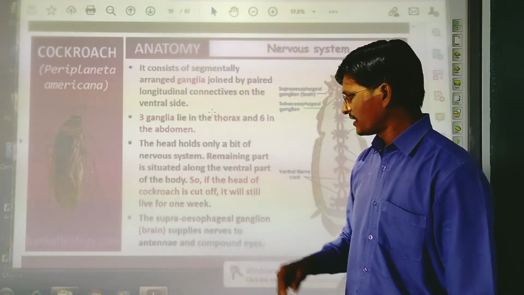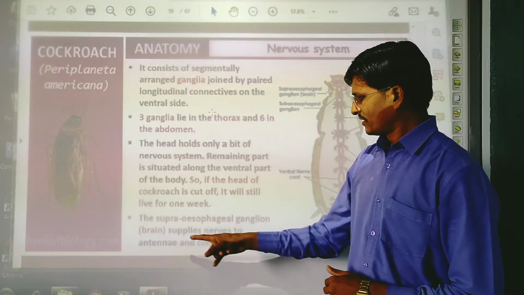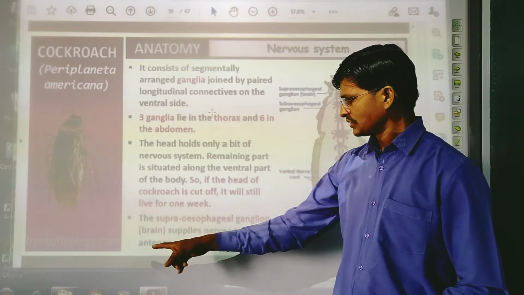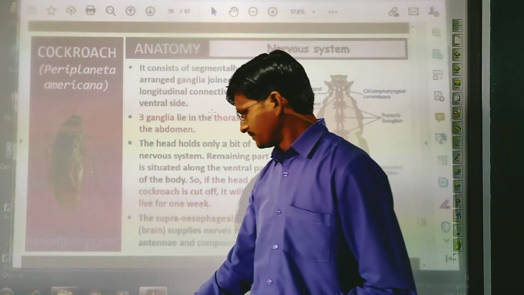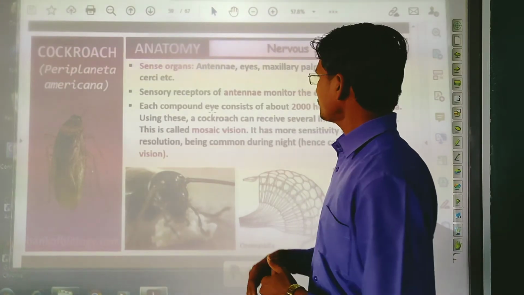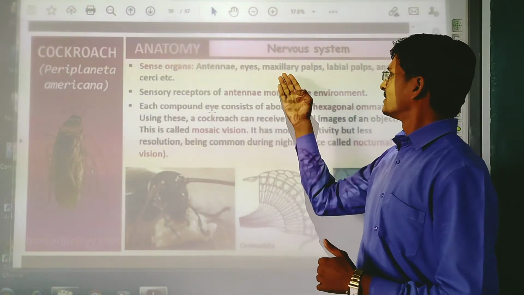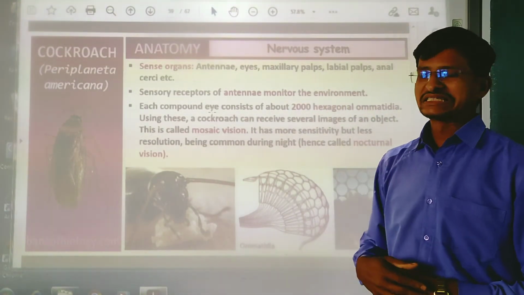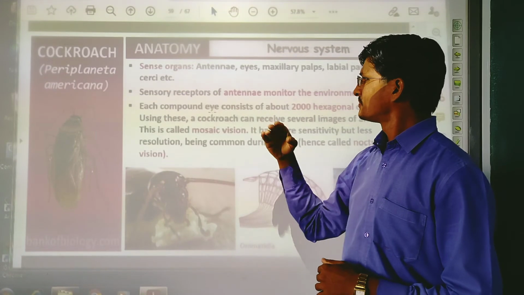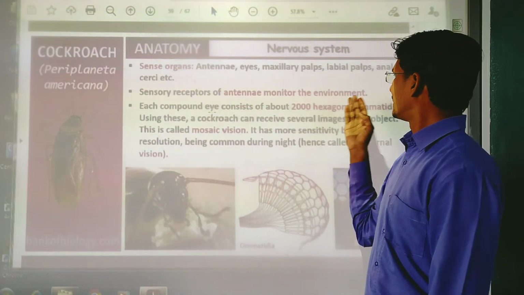And the supraesophageal ganglia, that is called brain, supplies nerves to antennae and compound eyes. So the function of this nerve, sense organs: antennae, eyes, maxillary palps, labial palps, and anal cerci. Now, sensory receptors of antennae monitor the environment.